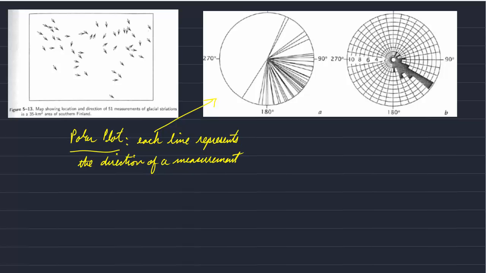Now, alternatively, one could represent the data as a polar histogram. And in this situation, you divide the unit circle into a number of bins.